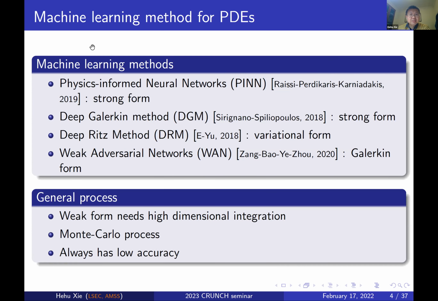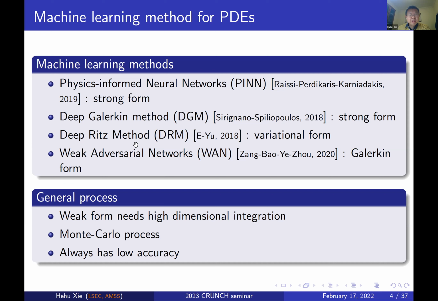First, this is well known in our groups: PINN, physics-informed neural networks, maybe the most famous machine learning method for solving partial differential equations, which also has many other applications.